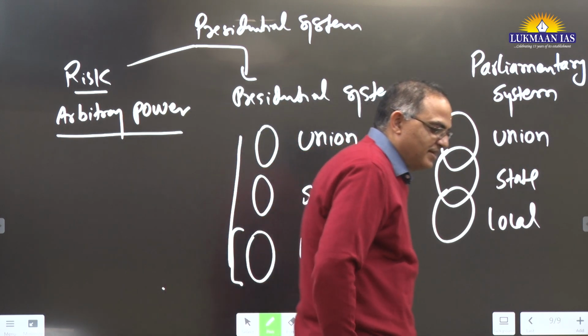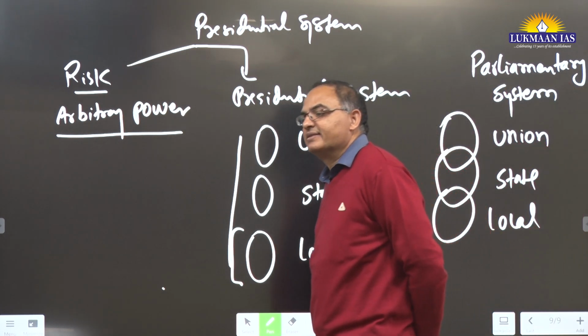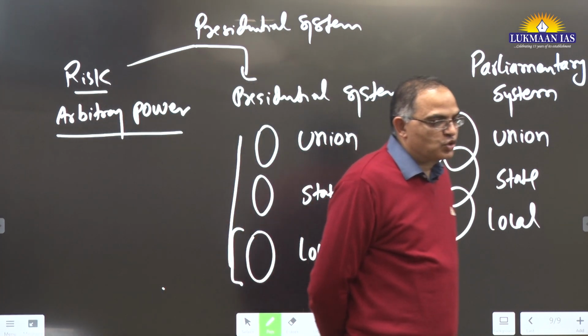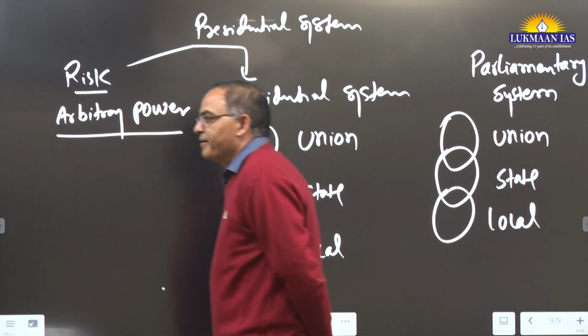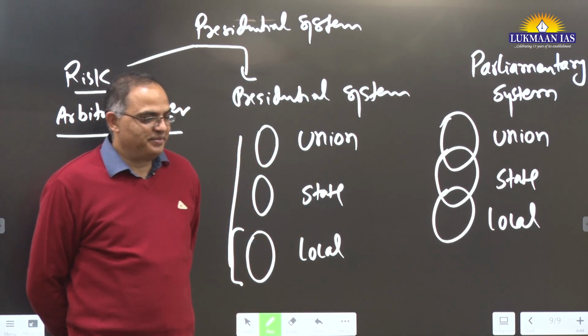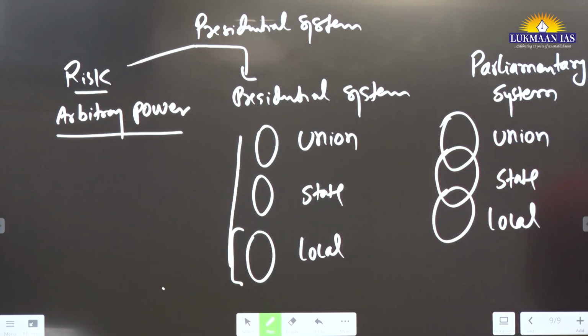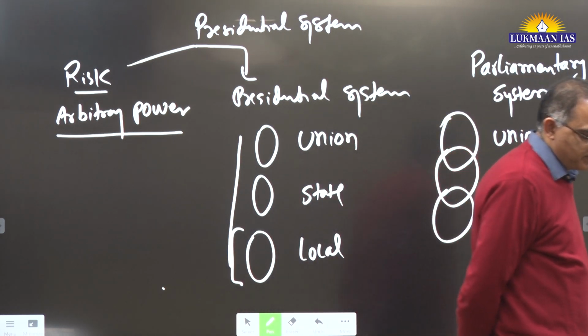Right. Next, the presidential system, on the other hand, has shown some advantages over the parliamentary system. First, fixing responsibility, due to clear division of responsibility.